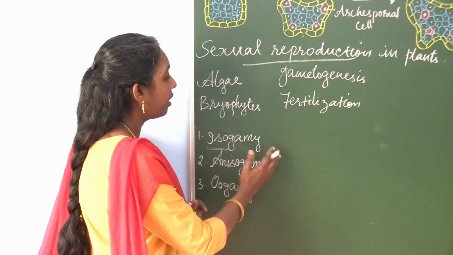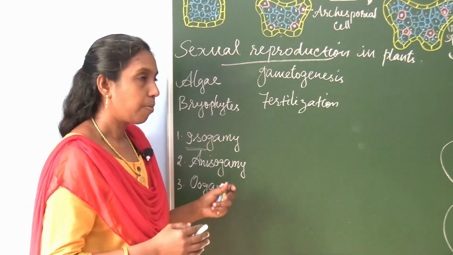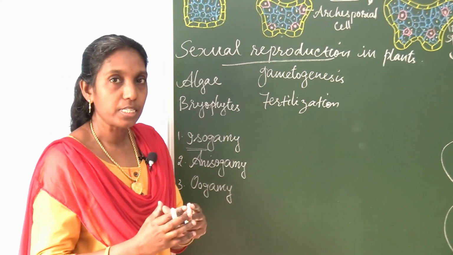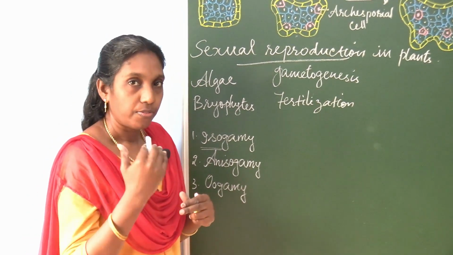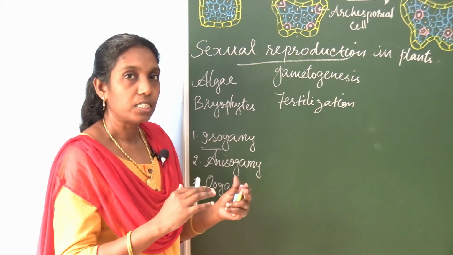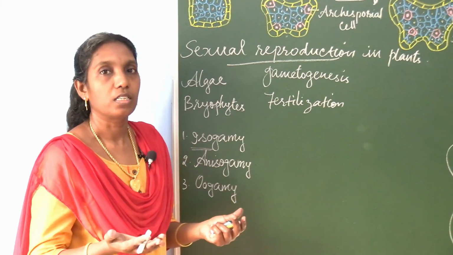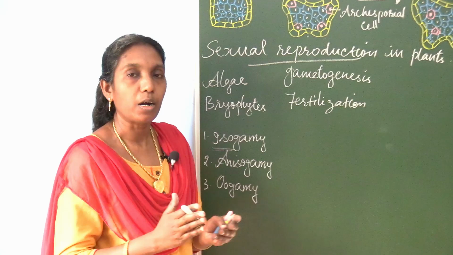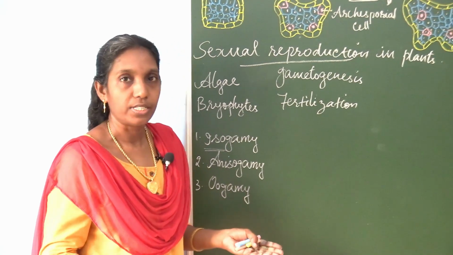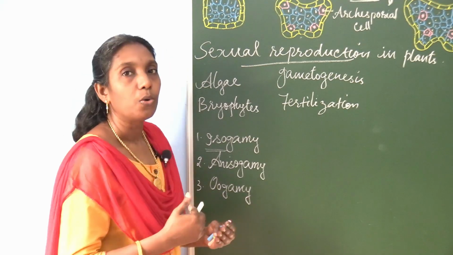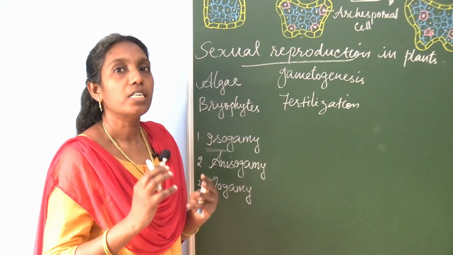So, there are three different types: isogamy, similar gametes; anisogamy, either physiologically or morphologically dissimilar gametes; and oogamy, where the gametes are completely dissimilar, morphologically as well as physiologically. That type is oogamy.